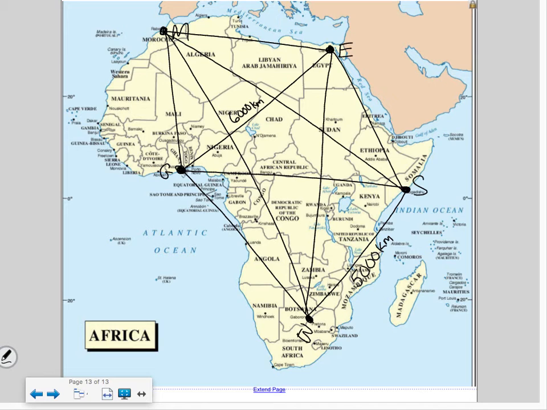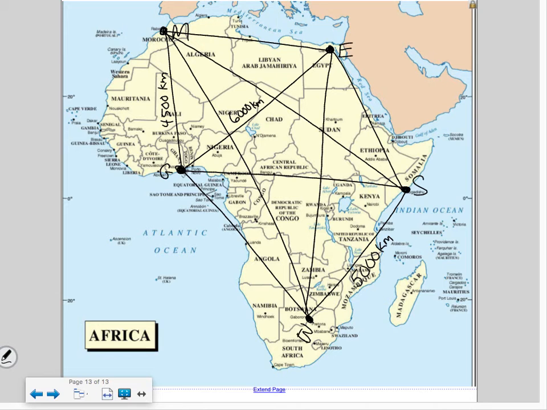And once again, Botswana to Somalia is 5,000. We'll make Egypt to Morocco 3,500. That's 4,000. Yep. I called it. 4,500 kilometers from Ghana to Morocco, or vice versa.